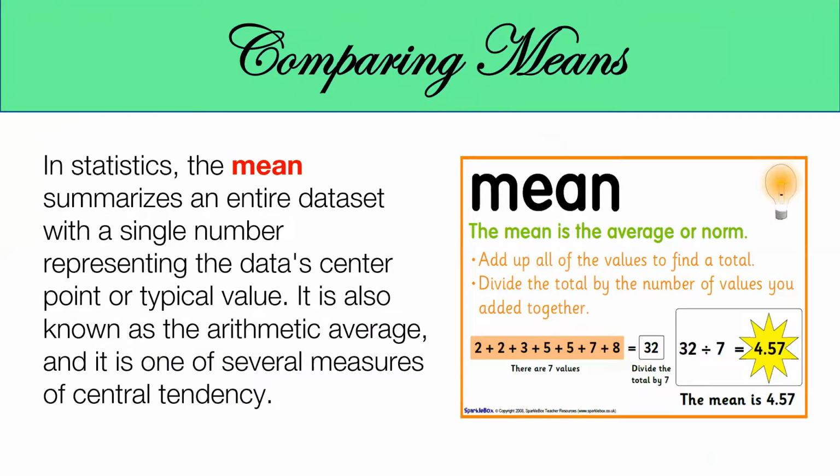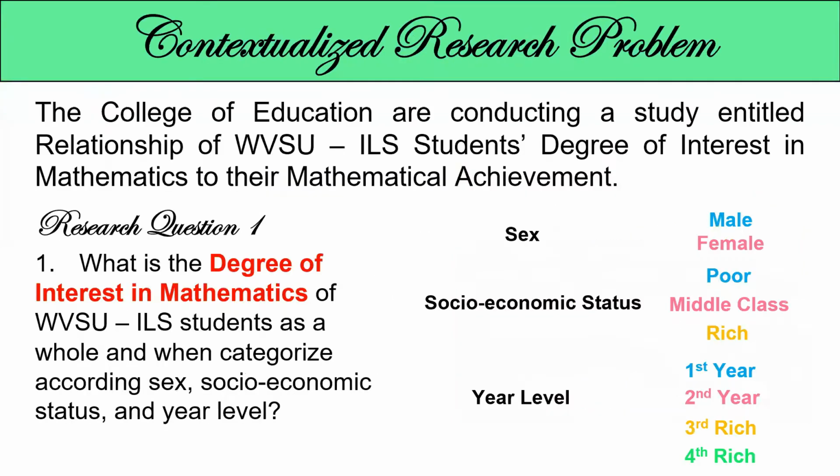But before that, let's define mean. In statistics, the mean summarizes the entire data set with a single number representing the data center point or typical value. It is also known as an arithmetic average, and it is one of several measures of central tendency.